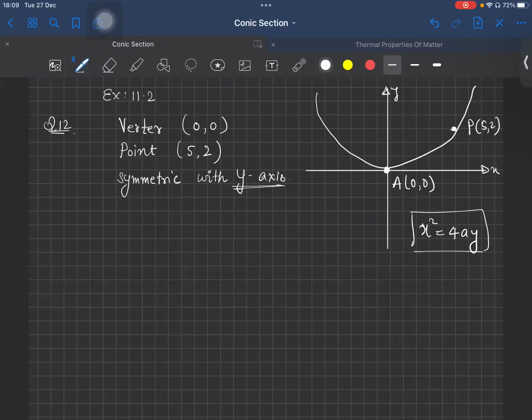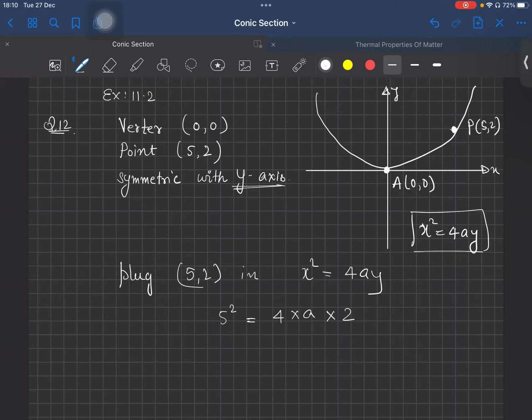Yes or no? Yes, sir. Since it is passing through point 5, 2, it will satisfy this equation. So plug point P, that is 5, 2, into x square is equal to 4ay. x is 5, so 5 square is equal to 4 times a into y, and y is 2.